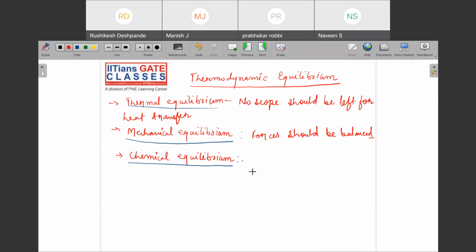So whenever you are trying to achieve chemical equilibrium, what do you mean? That the chemical composition should not change with respect to time.